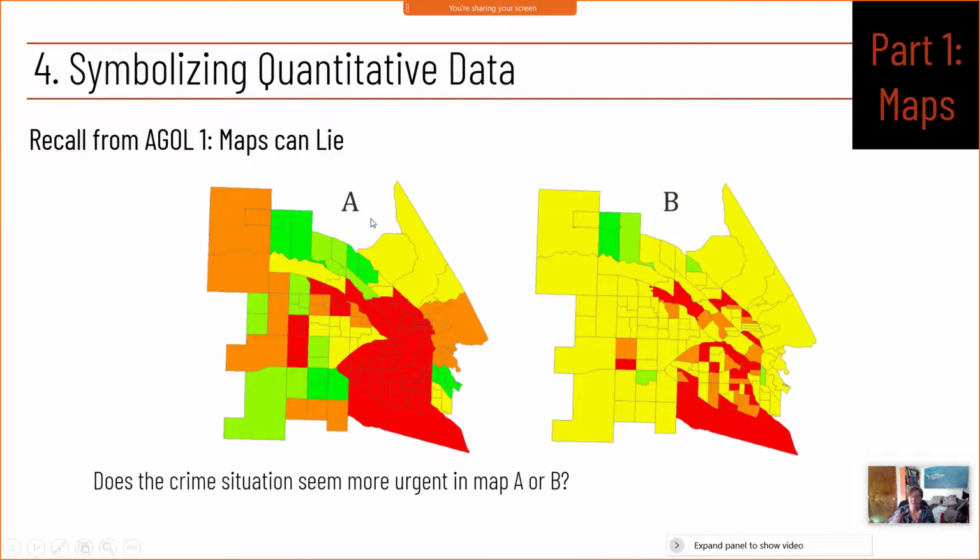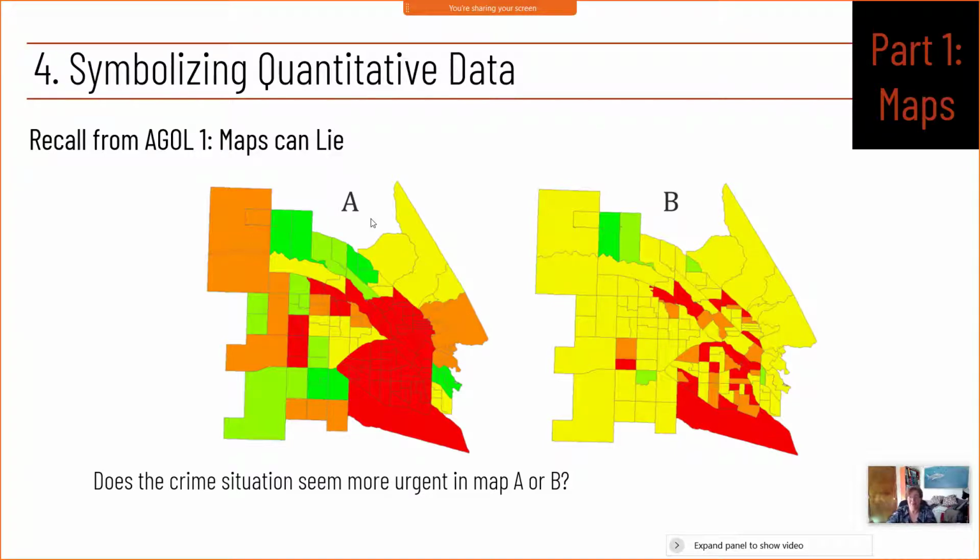So this is something that we talked about in the very first class, that maps can lie. At that time, I was asking you which one of those two maps has more crime. And there, of course, you're assuming that red is bad and yellow is not so great, but green is perfectly safe.